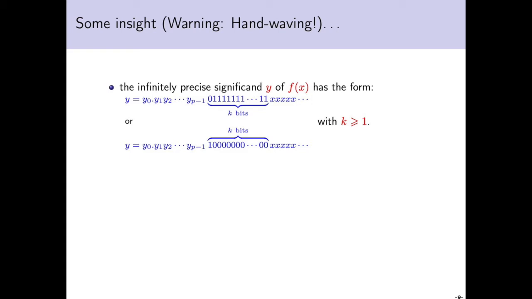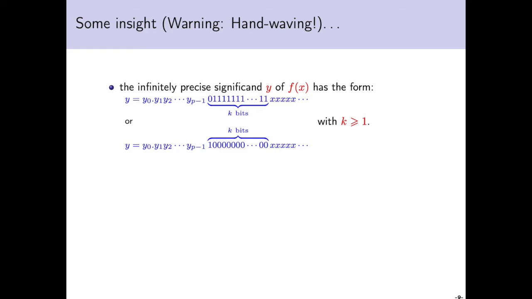If you look at the exact mathematical value f of x, you look at its binary expansion. You have the first p digits, and then it's from the p plus 1th digit that you decide where you round.